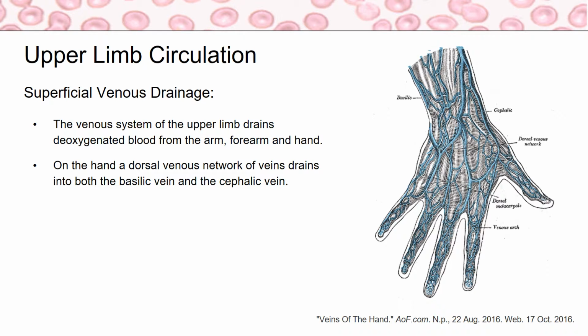For the superficial aspect, the hand has a dorsal venous network of veins that drain into the basilic vein and the cephalic vein, and these have branching that goes deeper into the musculature, which connects up with the deep venous drainage.